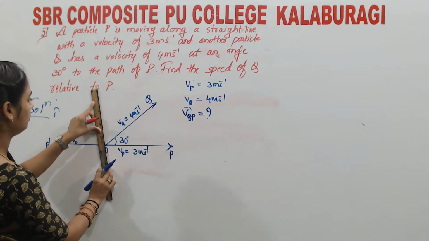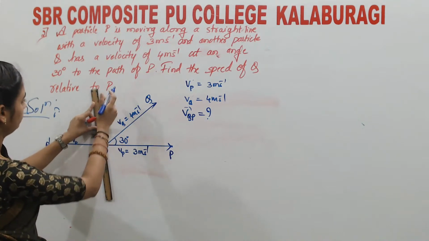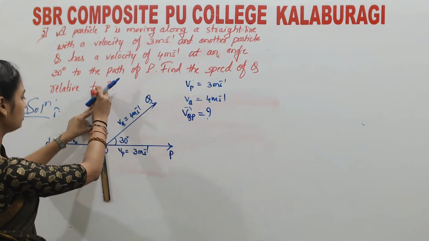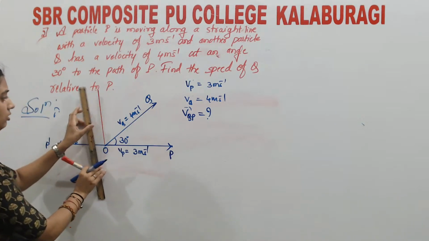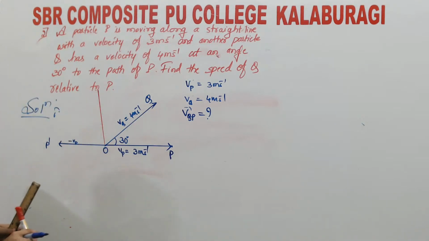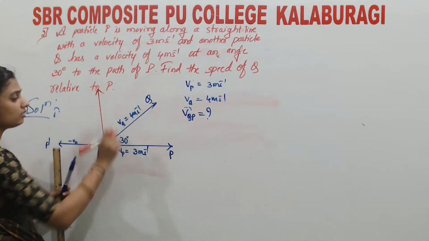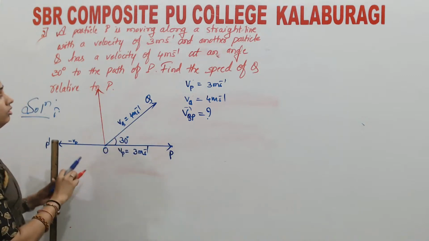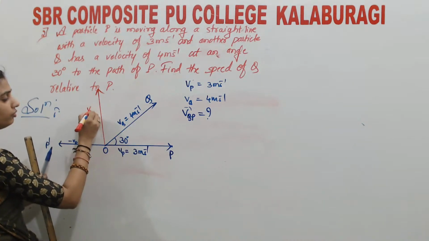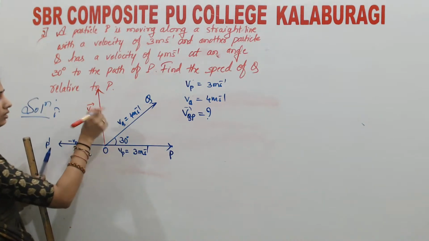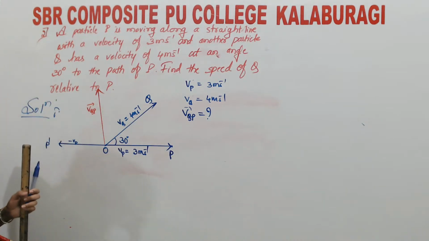Now, this is where the resultant is acting. Let us take this as the velocity of Q with respect to P, this resultant vector.